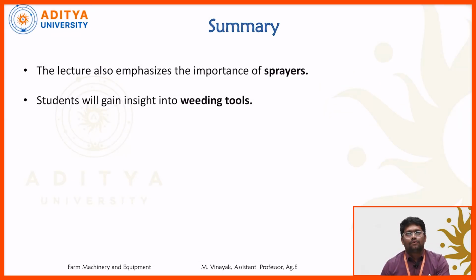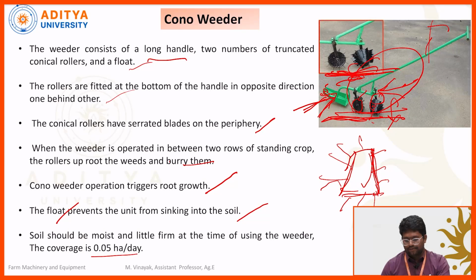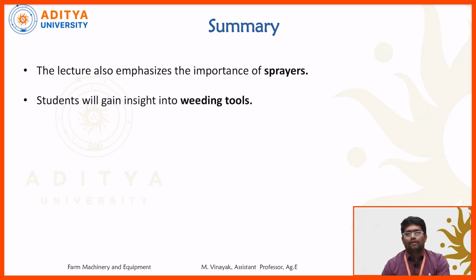Okay, so up to now we have seen the different types of sprayers and classification of sprayers based on the volume, based on the capacity, as well as we have discussed the types of nozzles, classification of nozzles, sprayer calibration, and dusters also.